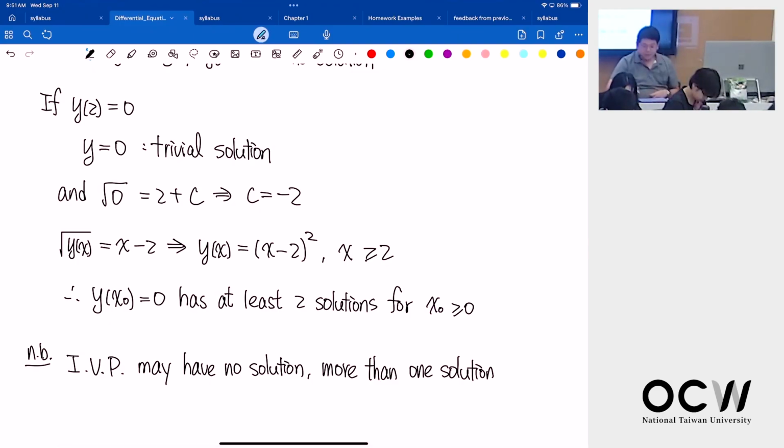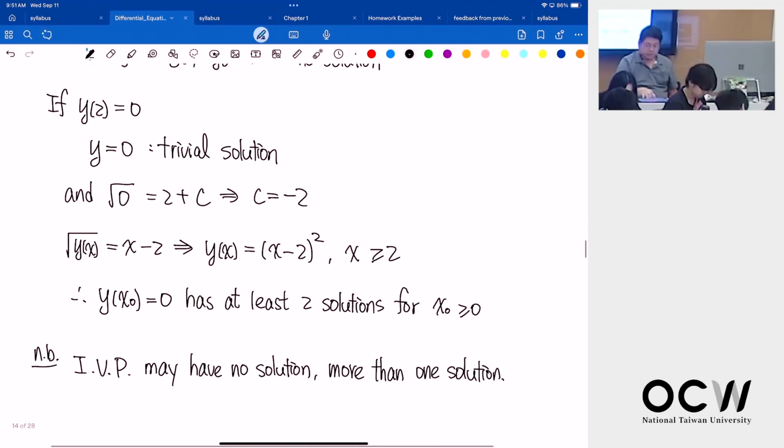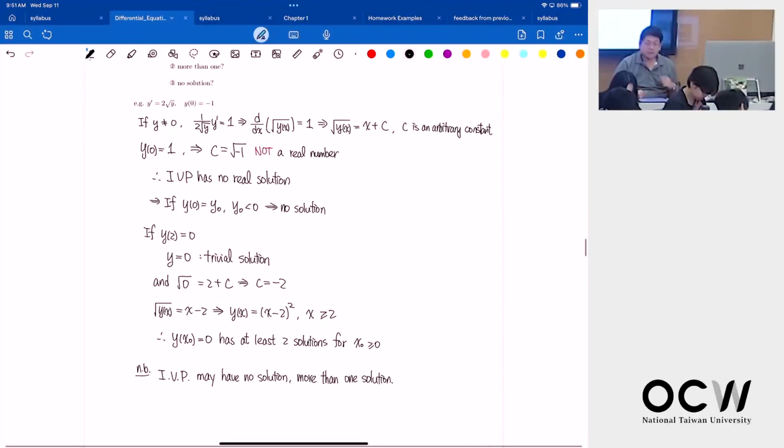It really depends on your initial value. Because so far we just find a general solution, and in the general solution we also have a constant. To determine the constant, we need the initial condition. But depending on your initial condition, you may finally have no solution, or 1 solution, or even 2 or more solutions. Okay? Any questions?